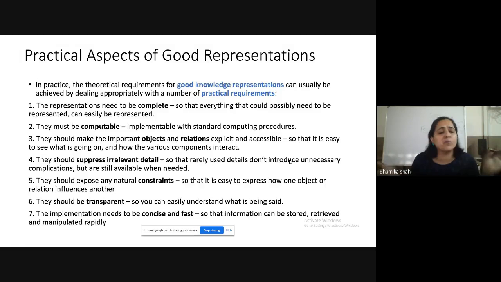It should be transparent, so that the user can easily understand what you are trying to convey. The implementation needs to be concise and fast. Your representation should make calculation and implementation simple, easy, and fast, so that information can be stored, retrieved, and manipulated rapidly. Are you getting this? So these are the 7 properties a very good knowledge representation should practically have.